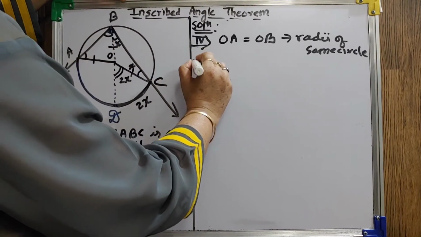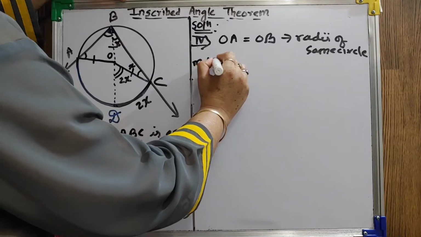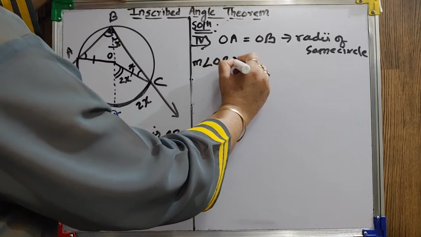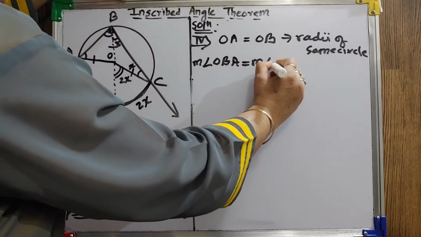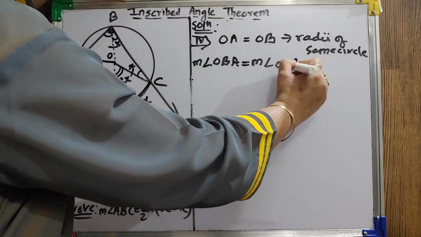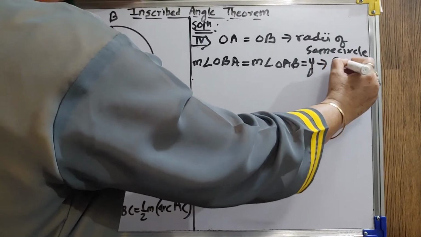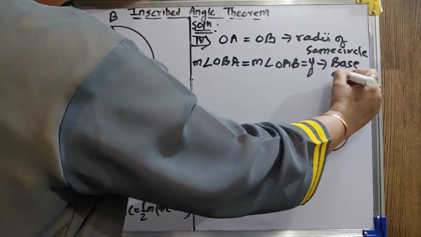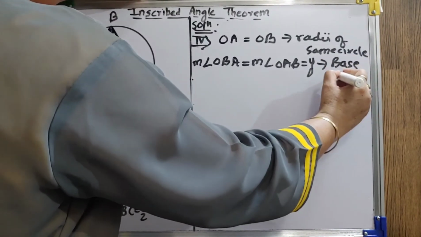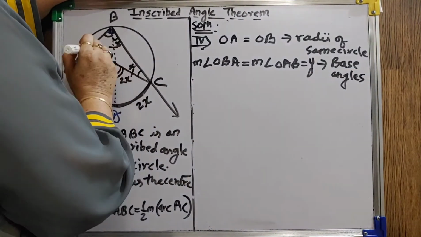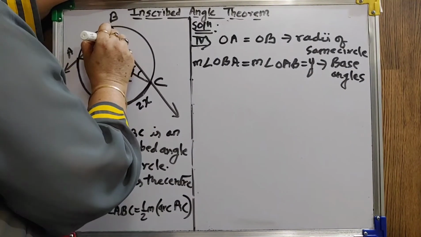So in the same way, the measure of angle OBA will be equal to the measure of angle OAB, and this time I am considering them as y. The reason will be base angles. So if I am considering this y, this is y.